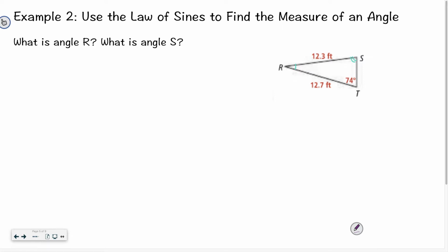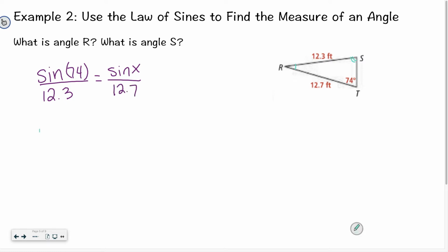So I'm going to start by solving for angle S, and if I do that, I would set it up saying sine of 74 over 12.3 equals sine of x over 12.7.